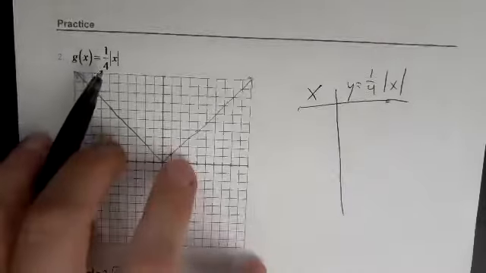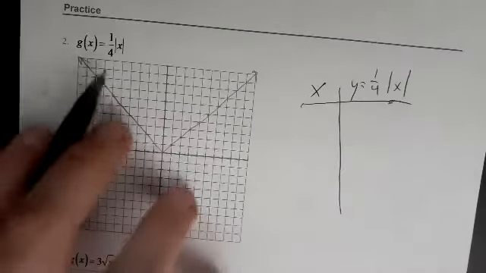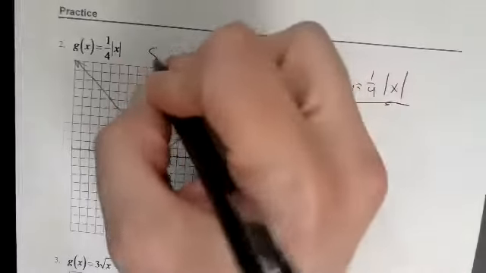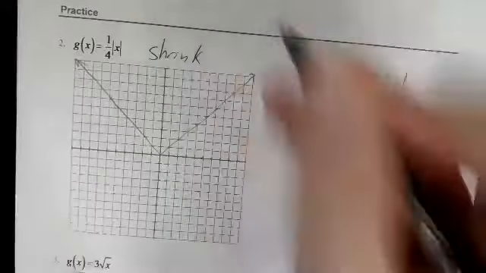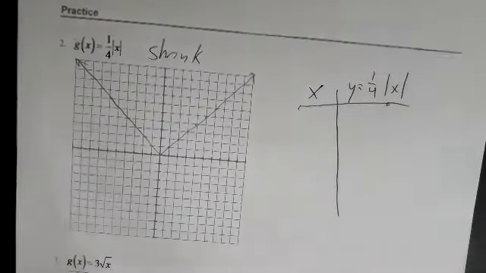So what is this quarter going to do before we even draw this other graph? You should know what this thing is doing. We're looking at 1/4, a vertical shrink by a factor of 1/4. So I know I'm going to quarter things.